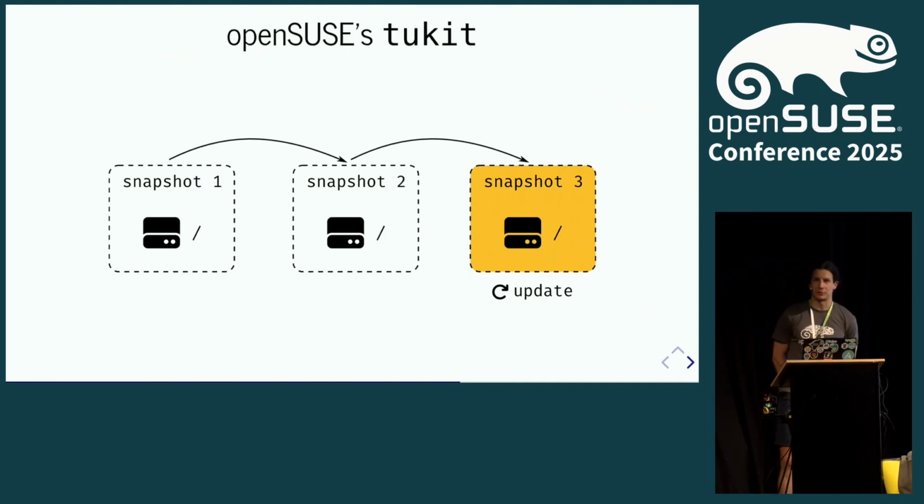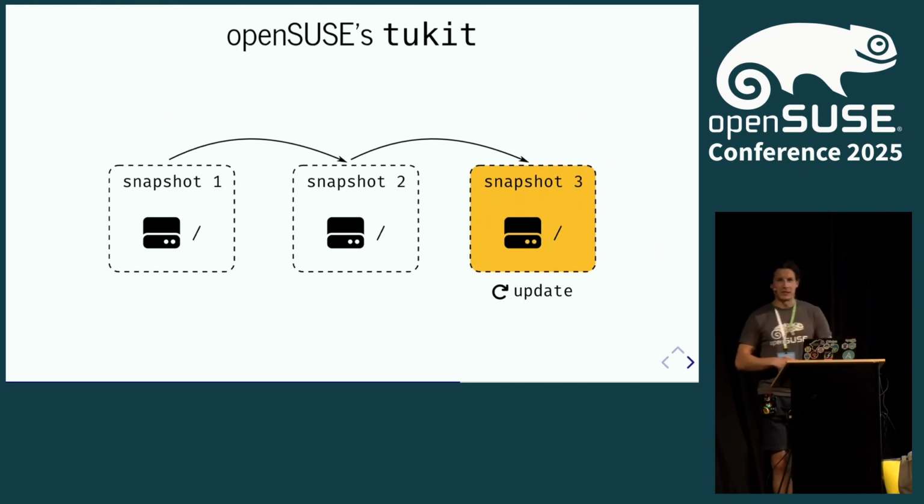You have your root partition. On the root partition itself is a Btrfs subvolume. If you want to start an upgrade, you create a new snapshot from your current root subvolume. You do all your update shenanigans in the new snapshot. Once you're done with the upgrade and everything succeeded, you switch the default subvolume, which is what becomes the root partition on your next reboot, to the new snapshot, and you're set.